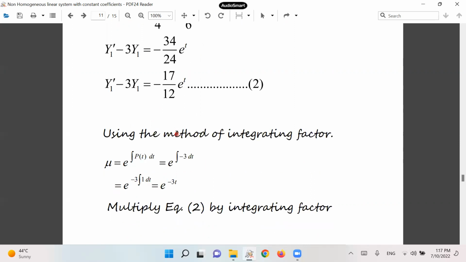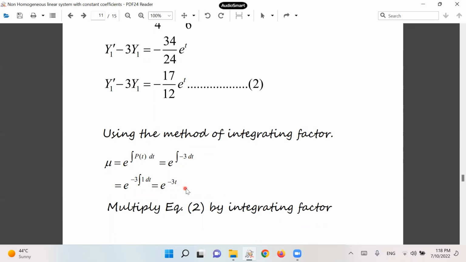So we can solve this equation by the method of integrating factor, where we have to find the integrating factor as mu equals e power integration of p dt, where p is the coefficient of y1, that is minus 3. So we have to integrate it and we get minus 3 into dt. So minus 3 is constant and the integral of dt will be minus 3t.